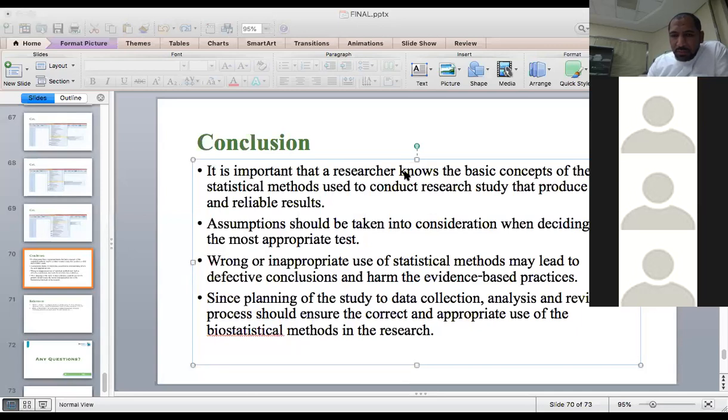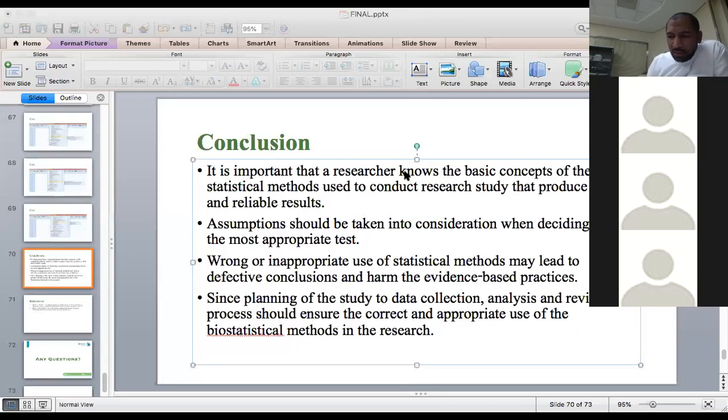Is it under ratio or under interval? What is the meaning of true zero? What does 20 mean? I mean the difference between interval and ratio, it is true zero.